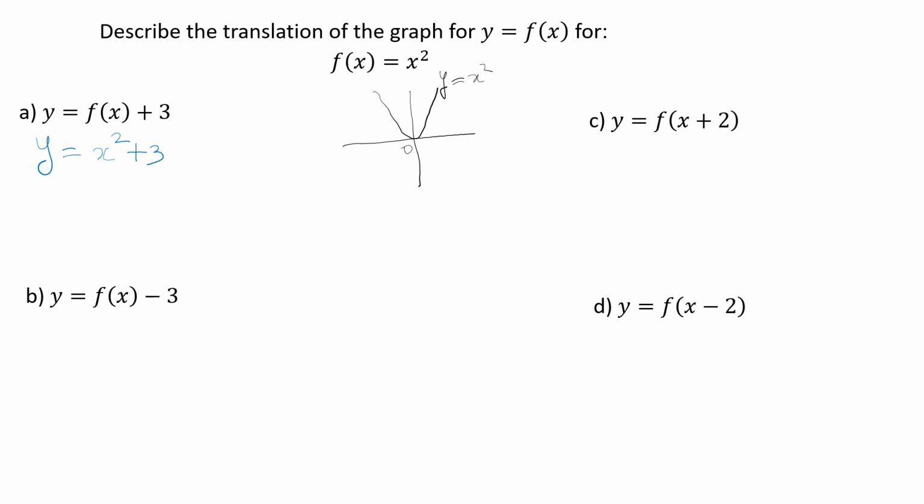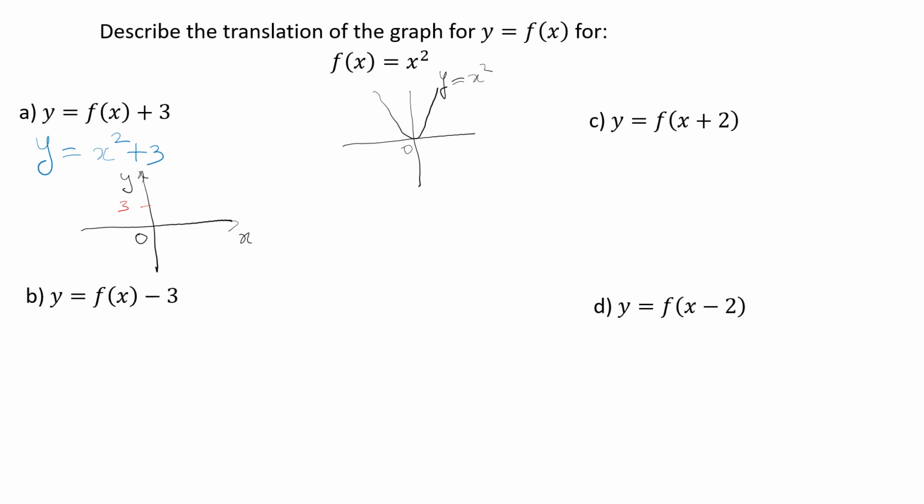So how can we draw this graph? This is x, y, this is 3. So the original x value is not changed.